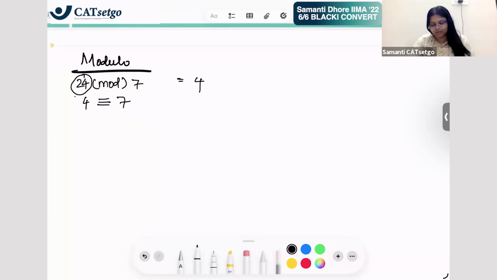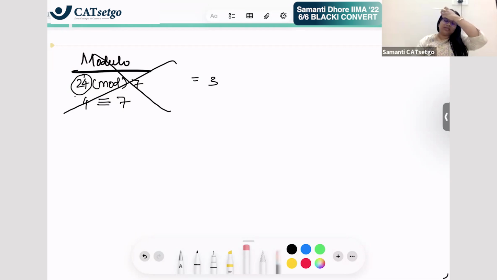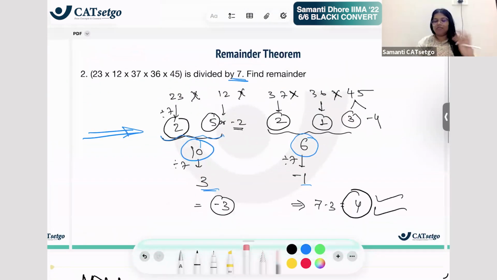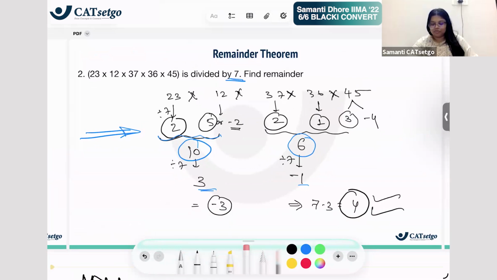If I write 24 mod 7, the answer would be 3, because 7 threes are 21 and then 3 is the remainder. That's all it is. But I don't think this fancy terminology is useful for you at this point. More than 90% of questions can be solved simply using this, so we'll not complicate it more with that. Fair? Understood? Let's go.